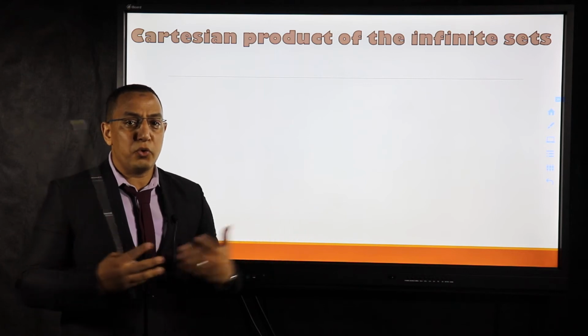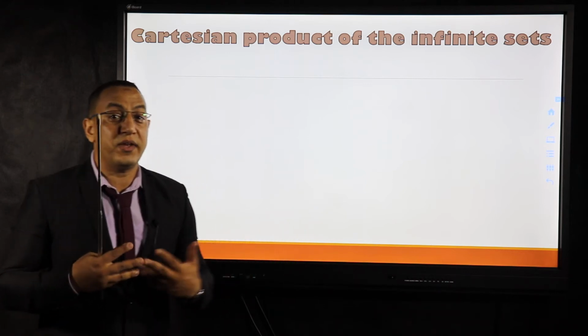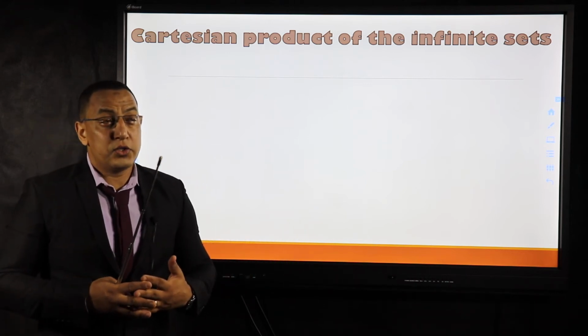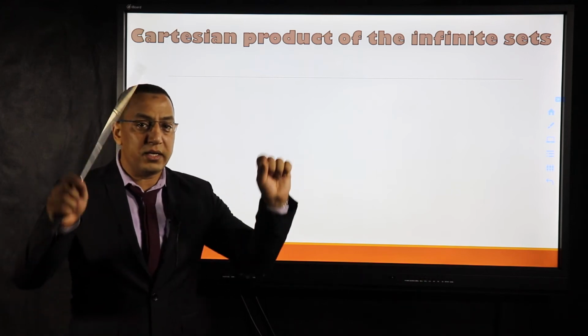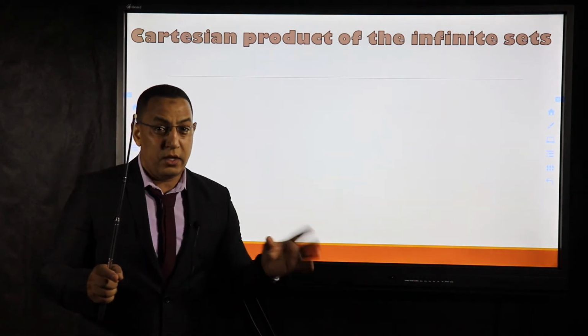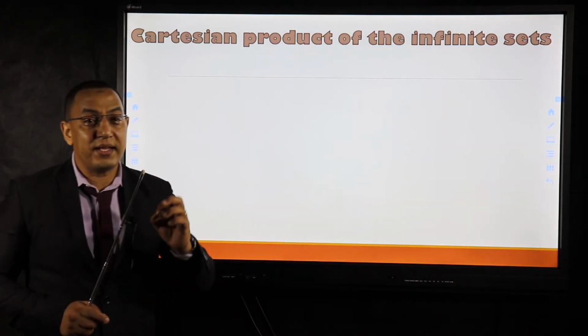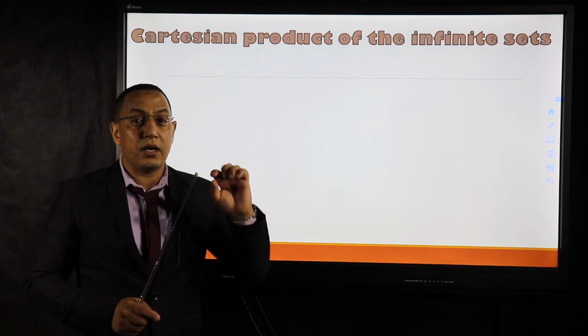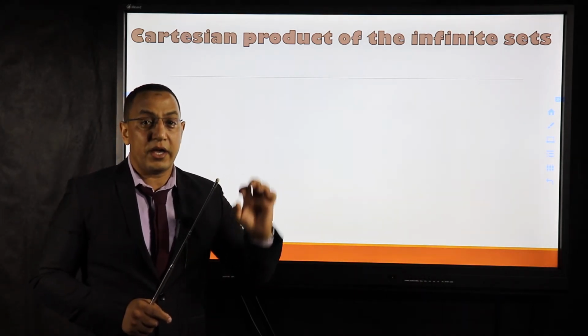Okay, when we product two infinite sets, I can't represent them by using the Cartesian product because their elements are infinite. So I'm going to represent them by using the Cartesian diagram.